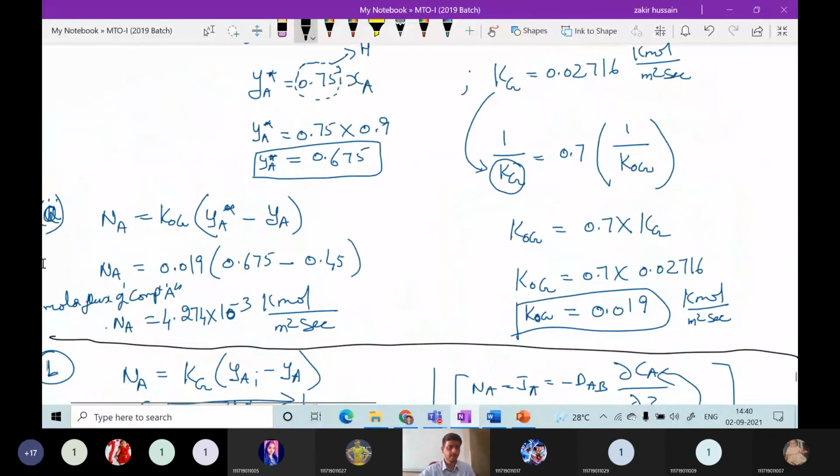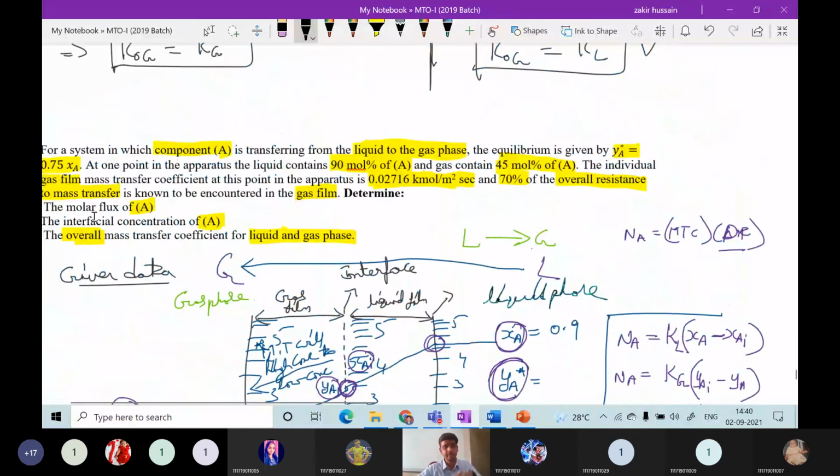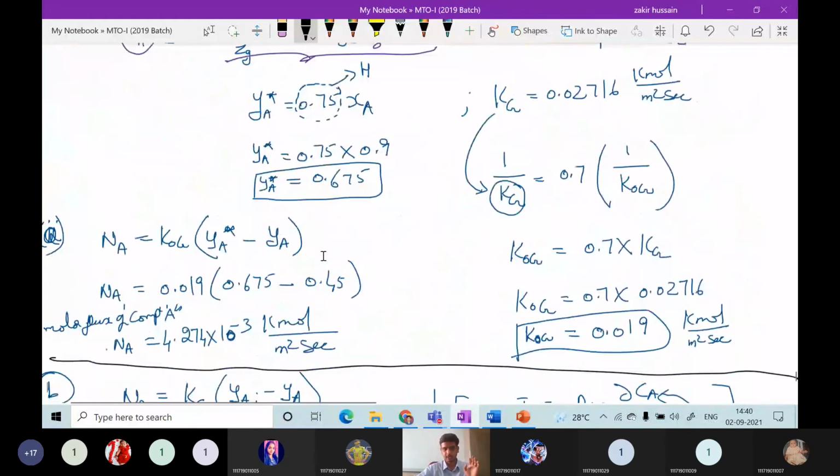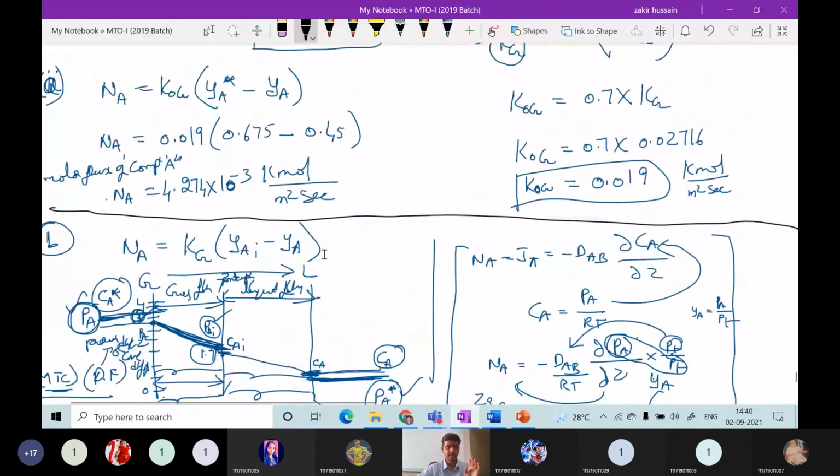Part B is according to our problem. Determine the interfacial concentration of A, meaning YAI, you have to determine. So how to determine that one?